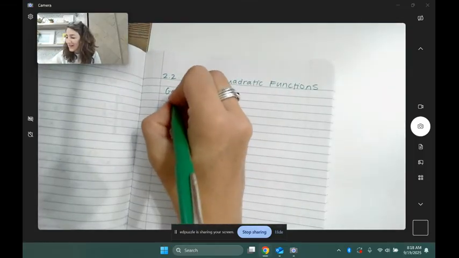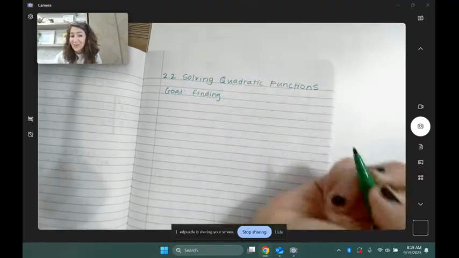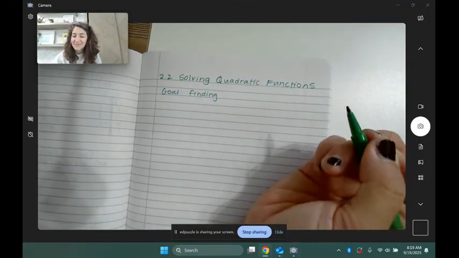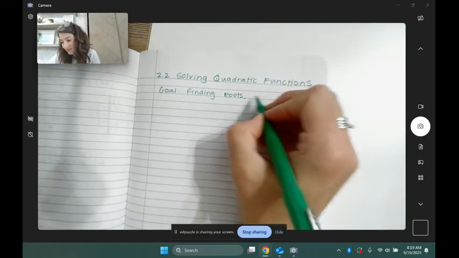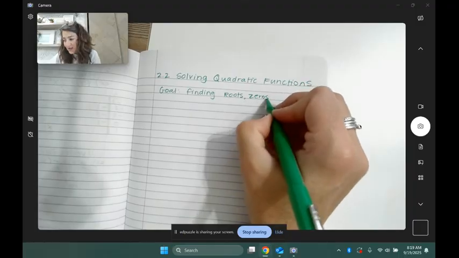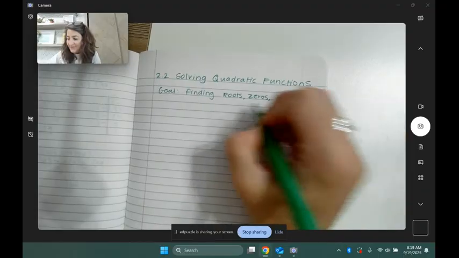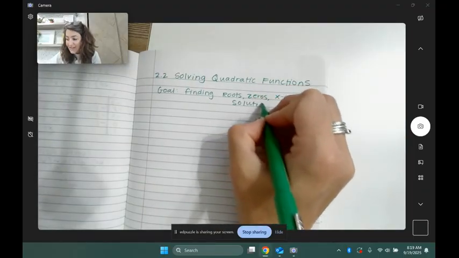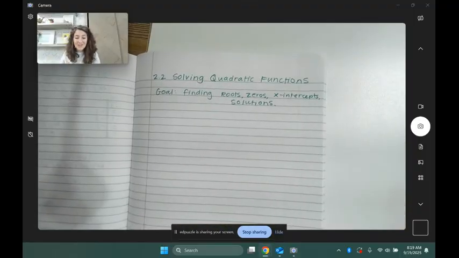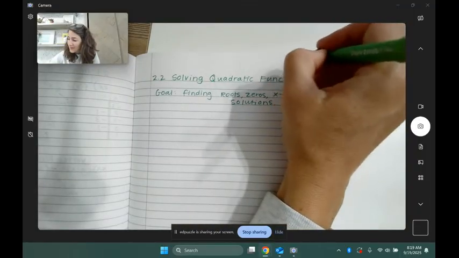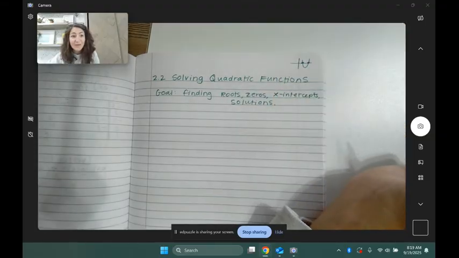The goal here is finding, and these are all synonyms, kind of, these are all the same thing: finding the roots, finding the zeros, finding the x-intercepts, finding the solutions. Now, these are plural because a quadratic function, remember, can cross my x-axis at two different places.